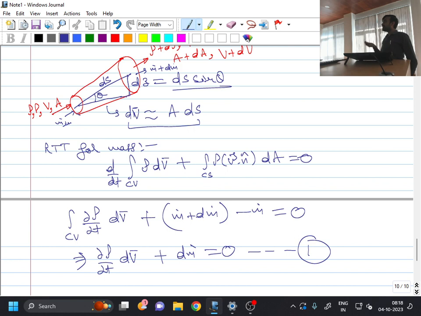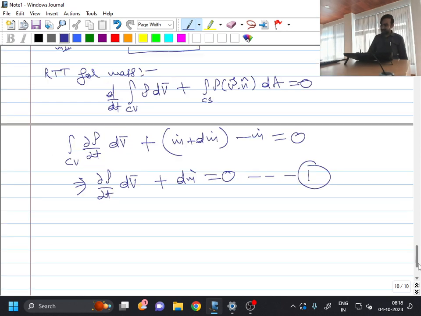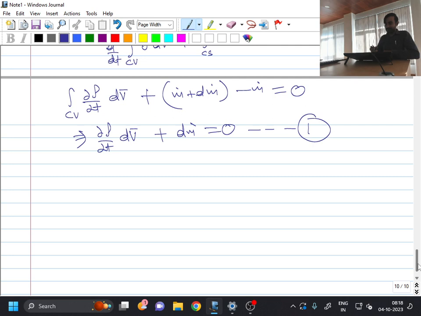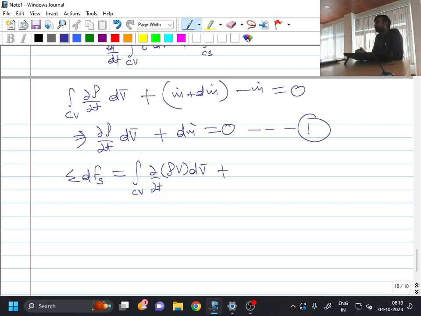Now next I will apply the conservation of linear momentum principle along the streamline. So tell me, what will be the RTT along a streamline? The sum of all the forces acting along the streamline must be equal to the integral over the control volume of del by del t of rho v, where velocity along the streamline is v, times dv bar, plus what next?